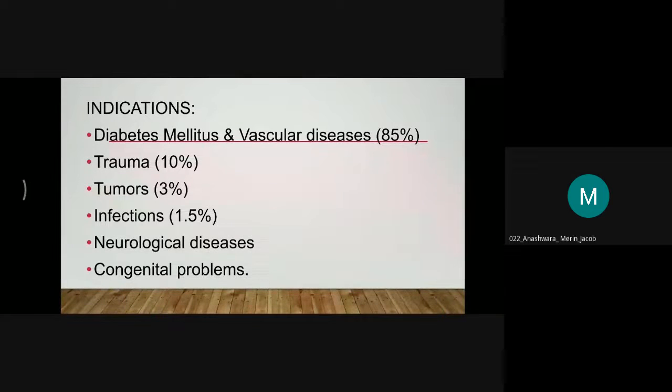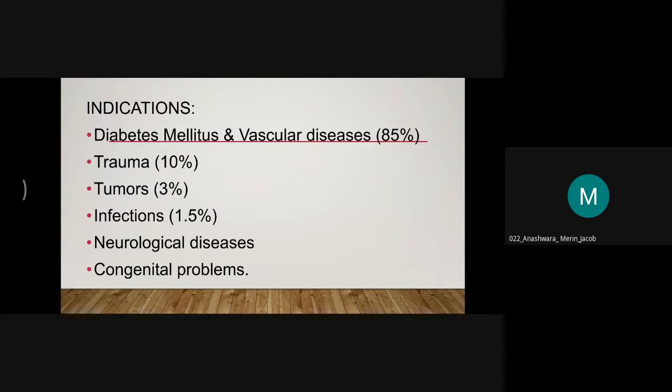The indication is primarily diabetes mellitus, which leads to diabetic foot syndrome with ascending infection that is uncontrolled after multiple debridements, where there is no other way but amputation. Then the vascular diseases, as I already told, that is acute limb ischemia due to a thrombus in the femoral artery or some other artery of the lower limb.